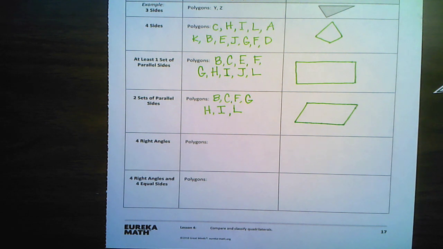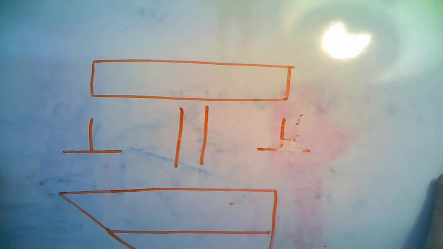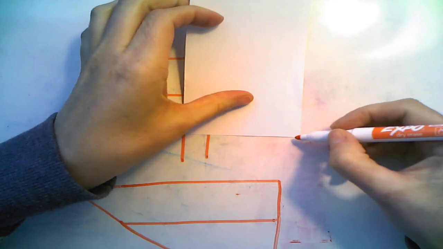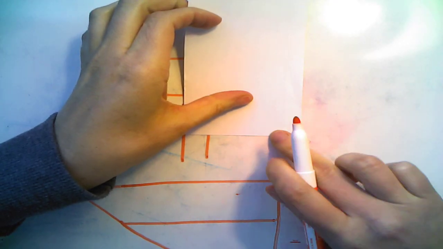Okay. Now we're talking about 4 right angles. I talked about this a little bit when we were talking about polygons. So let's revisit that for a moment. A right angle is an angle that is a perfect square, just like my straight edge right here.